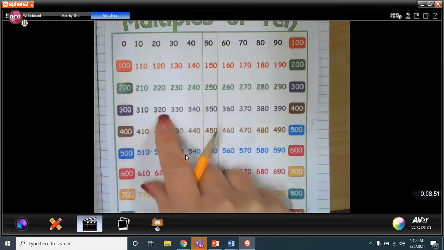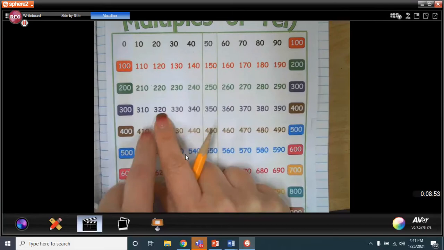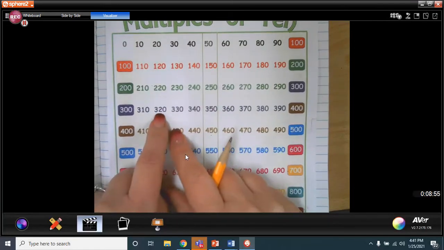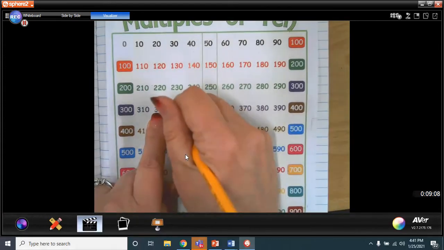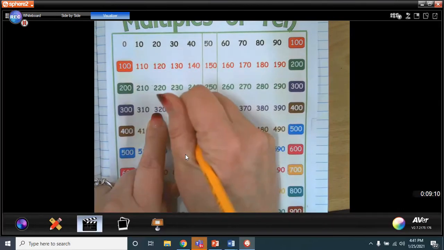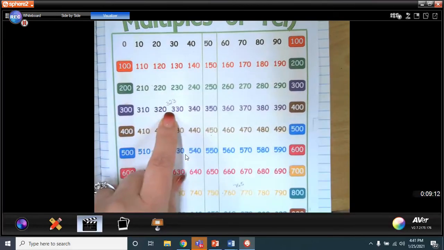Here's 320. And since this is 320, the next 10 that 323 is going to be between is 330. These are the two 10s that this number falls between. So I'm just going to lightly put that in between those two 10s.